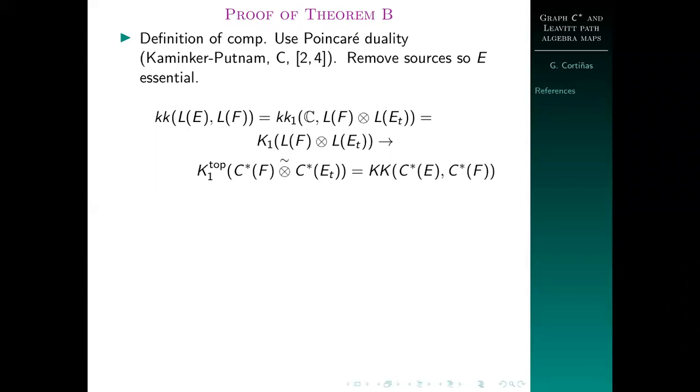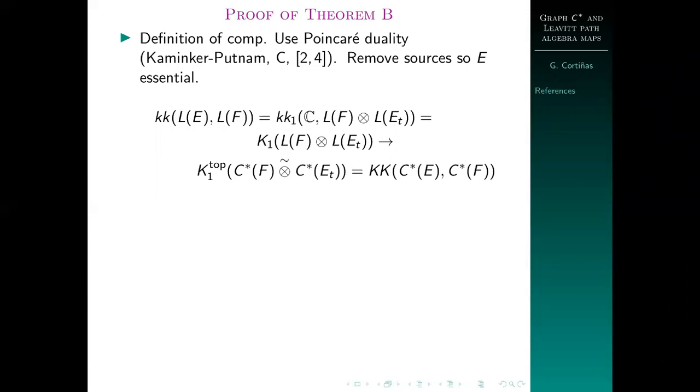So here's what we do. We use Poincaré duality to pass the LE, which we regard as complex numbers tensor LE, to the right-hand side, where E has been changed to the transpose graph or the dual graph, which I call E^T.